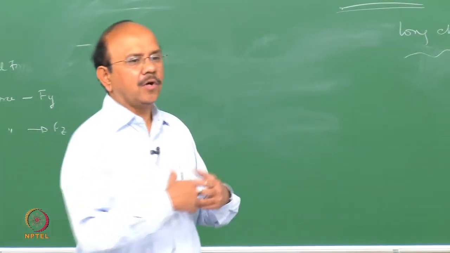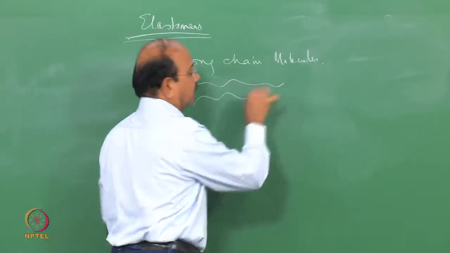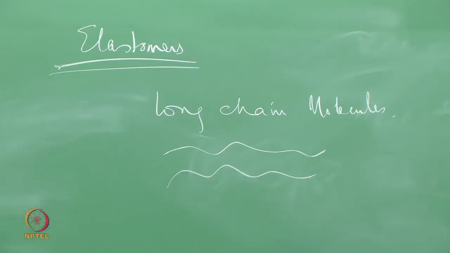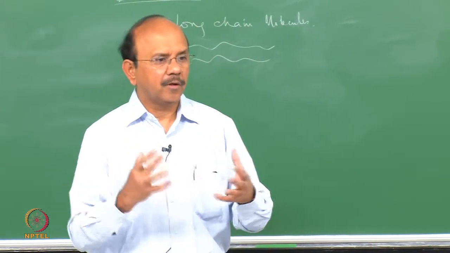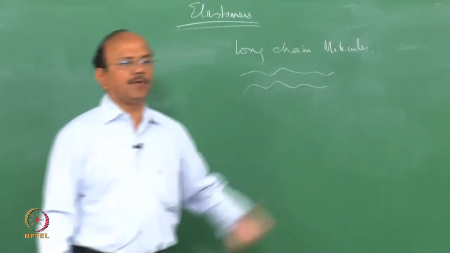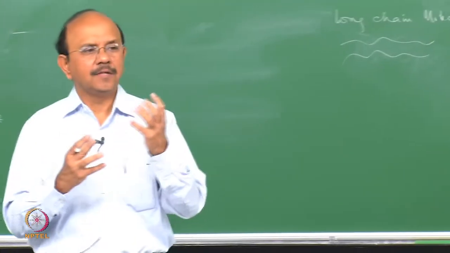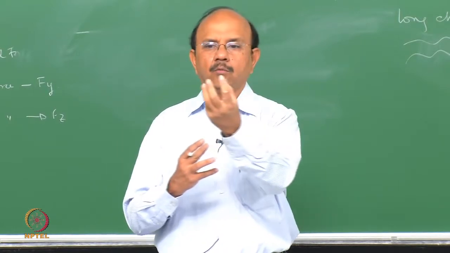In other words, it's not that there's one long chain molecule like this and another long chain molecule like that, independent of each other. No. These long chain molecules are bonded by sulfur bonds, and that's what we call vulcanization. Now, if you leave this long chain molecule, just leave it, what happens? It becomes something like a bundle of twine or wool or something like that.